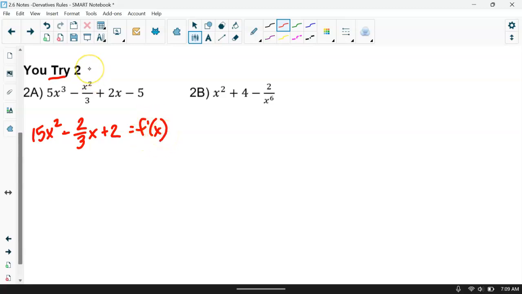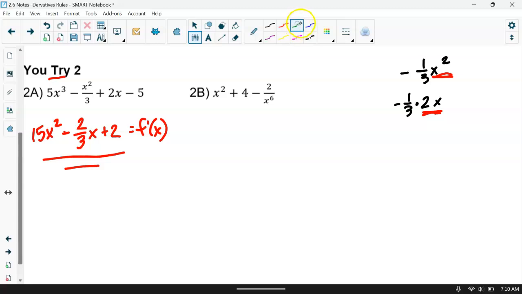Now to show though how you get that, so just in case, remember if you need to rewrite it. So that is a negative 1/3 x squared. So when you multiply negative 1/3 times 2x, that's the derivative, right, of x squared, 2x. 1/3 times 2 is 2/3. So that's how you get your derivative here.